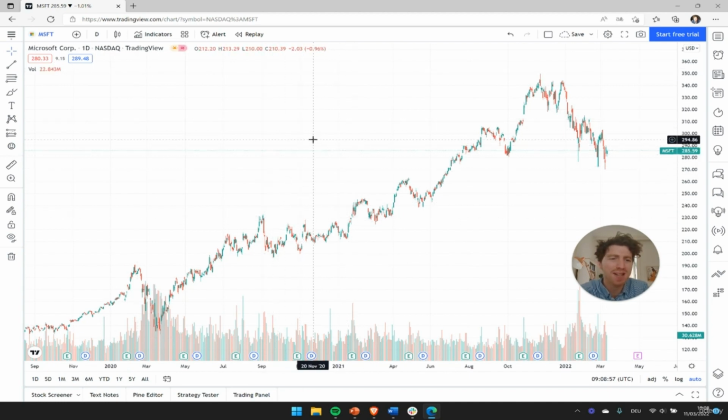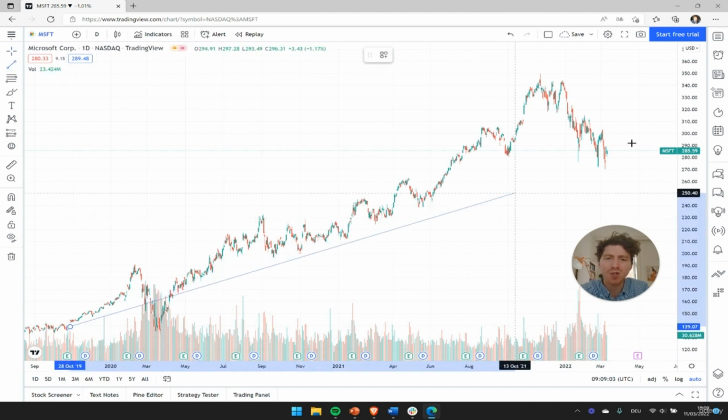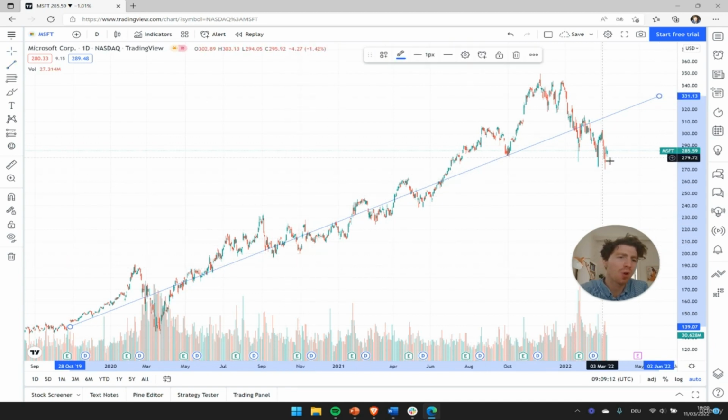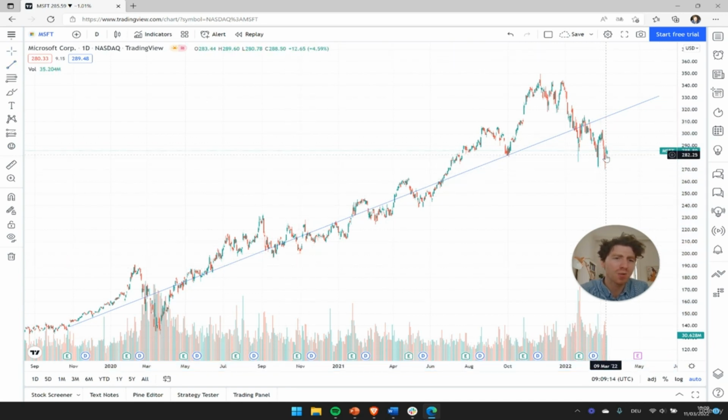But easy ones I use very often start with a trend line. You can start by just drawing a trend line here and say, okay, this is the price where it moved on average. And you see currently we're below this trend line, which would be a signal for you to buy or really consider getting into the asset.